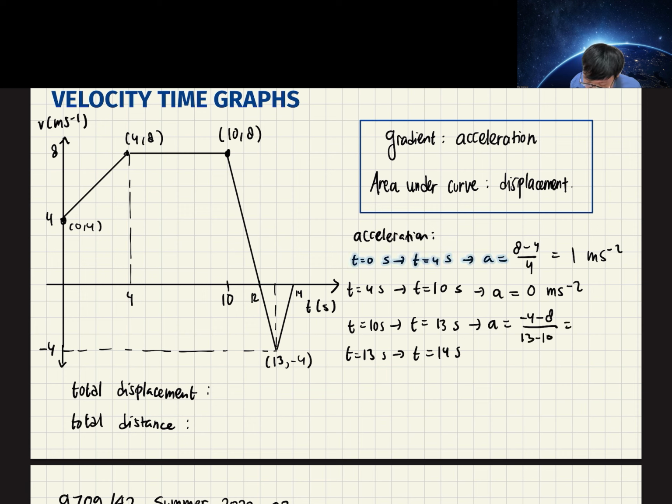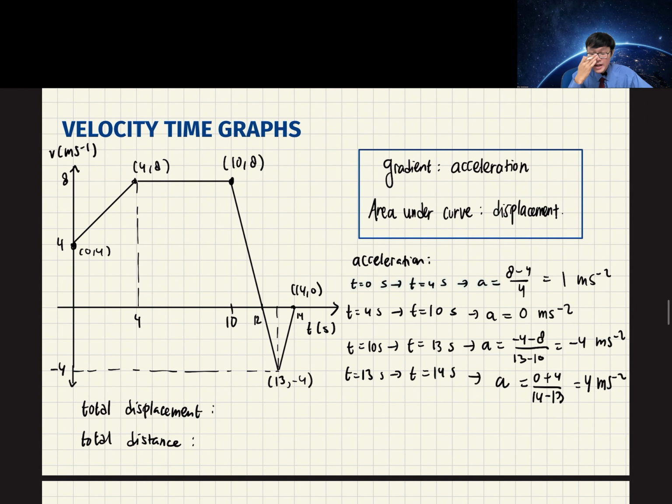So you get minus 12 divided by 3, or minus 4 meter per second squared. And the last one, from 13 to 14, we can use this point, (14, 0). So we get (0 plus 4) over (14 minus 13). So you get 4 meter per second squared. That's how we find the acceleration using velocity time graph.